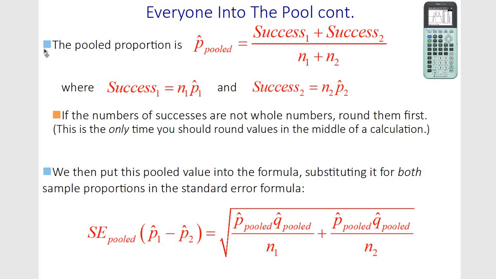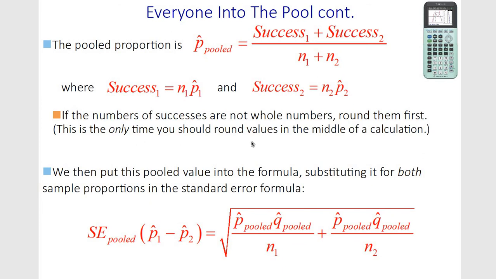So I literally mean throw them all together. So you get a pooled proportion: your success for the first batch, your success for the other batch, over the total for one plus the total of the other one. You're literally throwing it all together. If the numbers of successes are not whole numbers, round them first. This is the only time you should round values in the middle of a calculation. The only time.